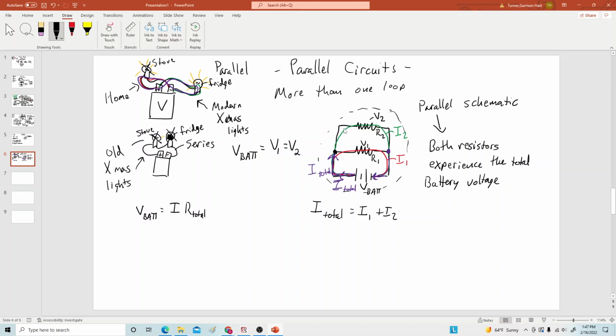And so once again, to get a formula for how the parallel case works, to get a formula for the total resistance in relation to each individual resistor, we will use this property in combination with the fact that the voltages are the same everywhere. So I total is the current that the battery sees when we apply Ohm's law to the battery.